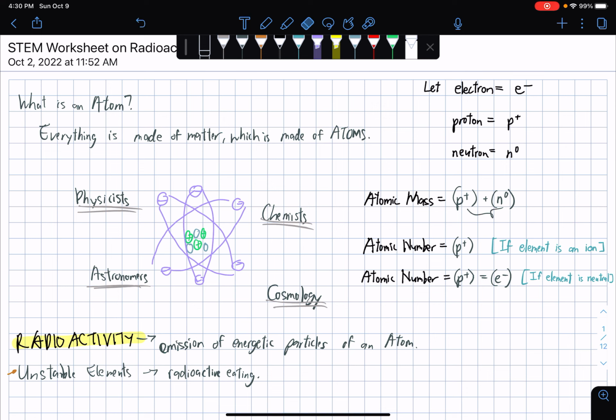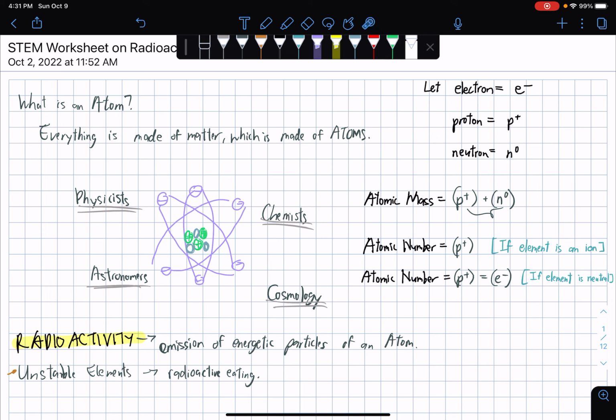Since proton and neutron, these green particles in this illustration mean the protons, while these blue particles comprise the neutron.